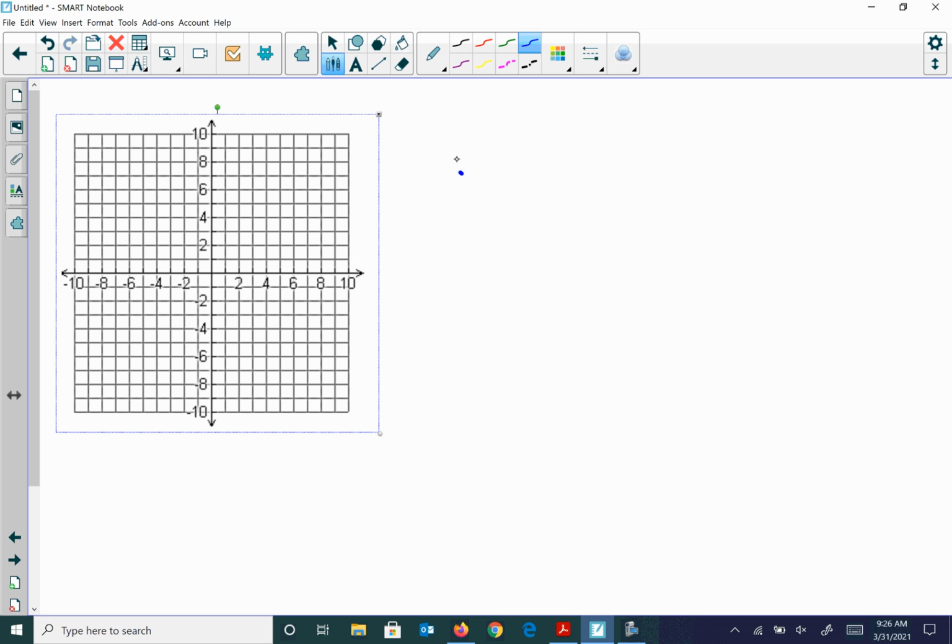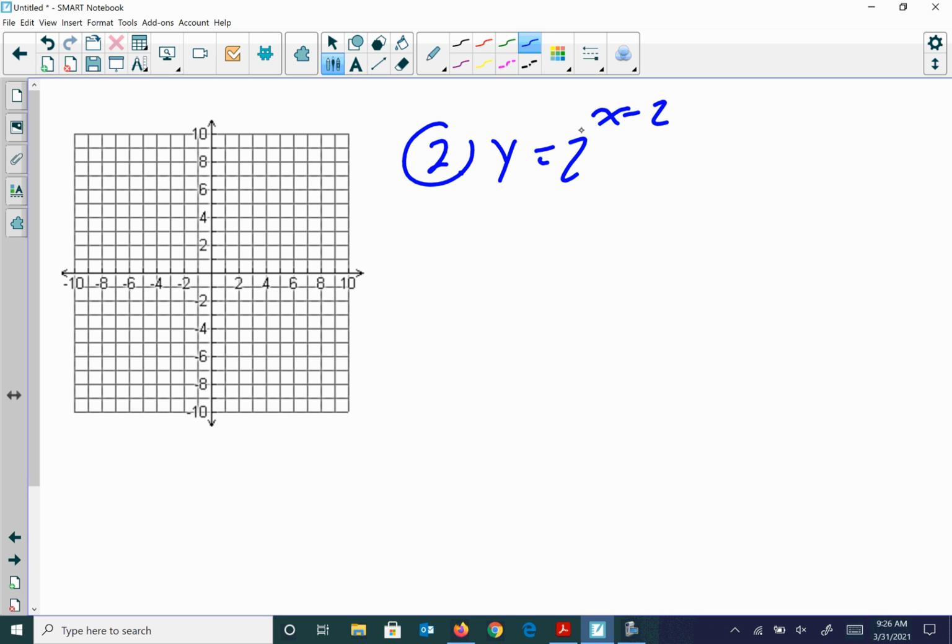Our second problem is y equals 2 to the x minus 2. So first thing we have to realize, we have an asymptote at 0, which is great. And then let's think about some values we can plug in for x. Okay, if I plug 2 in, I get 2 minus 2, which is 0. 2 to the 0 is 1, so I get 2 comma 1, which is here.